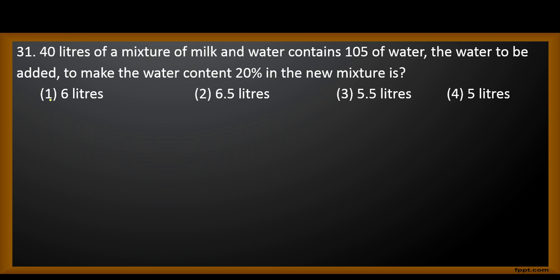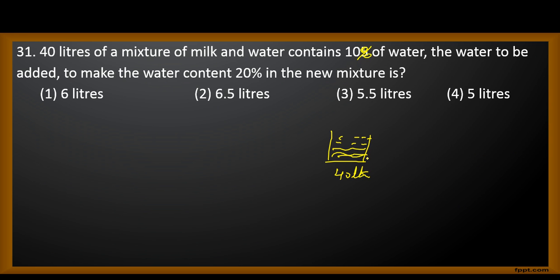Now, 40 liters of a mixture of milk and water contain 10% water. The water to be added to make the water content 20% in the new mixture is... In this case, see here, milk and water. This is, let us say, milk and the water is this. How many liters is there? 40 liters.